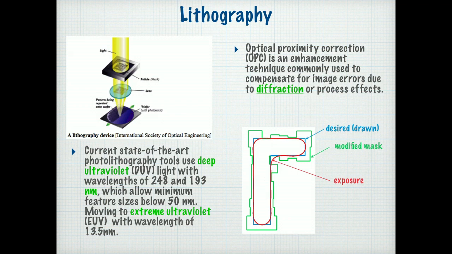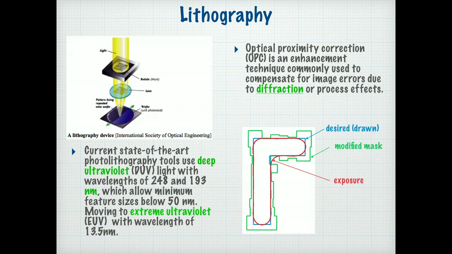So it's pretty tricky. And so that leads to bizarre masks. There's this technique called optical proximity correction, which is used to compensate for image errors due to diffraction effects. To give you an idea of what I mean, see that blue L there, that's the desired feature on the surface of the chip. You can imagine this as a piece of wire. In order to get that, because of the interaction between the light and the masks, you have to make a very strange shaped mask.